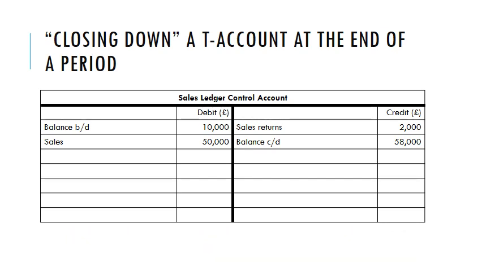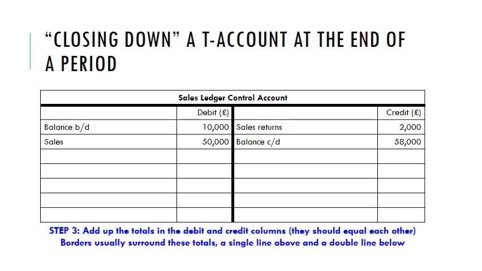Now that we've put our balance carried down in the T account, we can now add up the total of the debit and credit columns, so they should now equal one another. And when we're recording these totals, we'll put borders around them. There's usually a single line above and a double line below the totals. So there we go, we've got 60,000 on both sides.